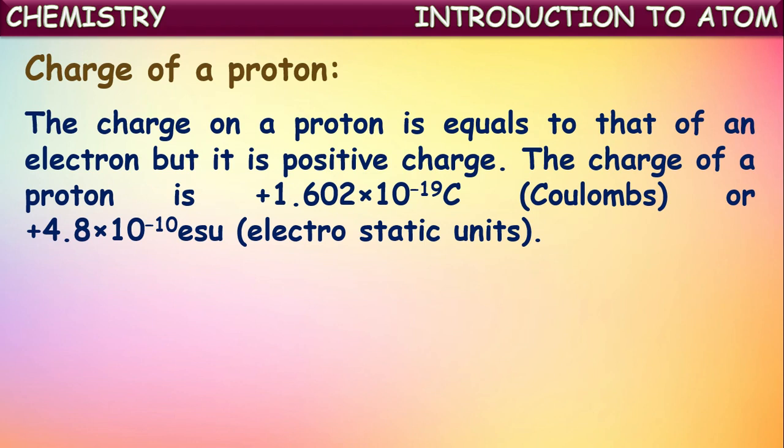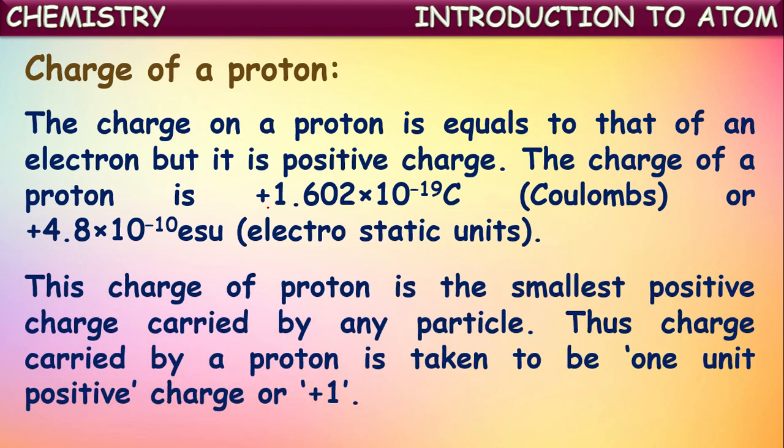In electrostatic units, its quantity is equal to 4.8 into 10 to the power of minus 10 electrostatic units. This is the charge of an electron. In coulombs, it is 1.602 into 10 to the power of minus 19 coulombs. The charge of a proton is the smallest positive charge carried by any particle. It is the smallest charge carried by any kind of particle.